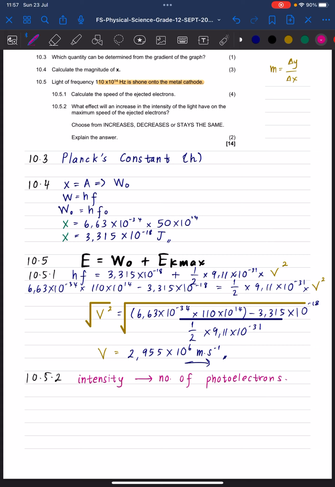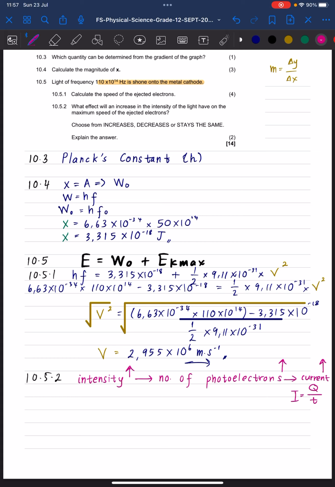If I have more photoelectrons, then I'm going to have more current. So if I increase my intensity, I will increase the number of my photoelectrons and I will increase my current. Because current, I think, is charge over time.